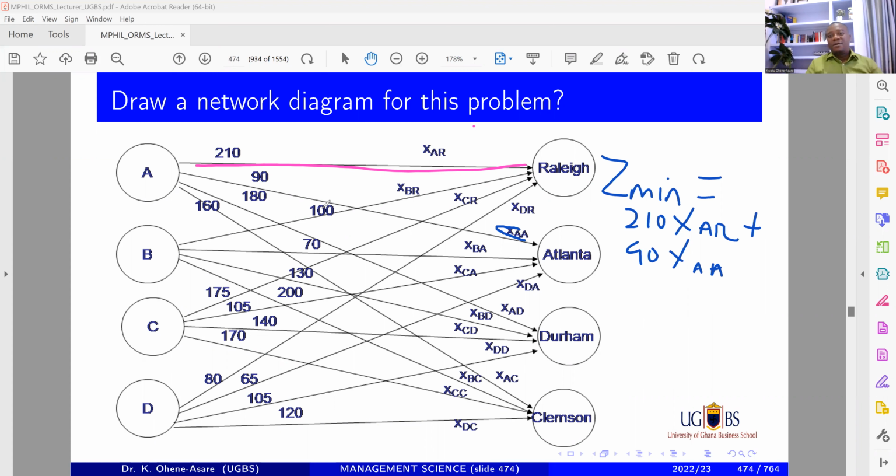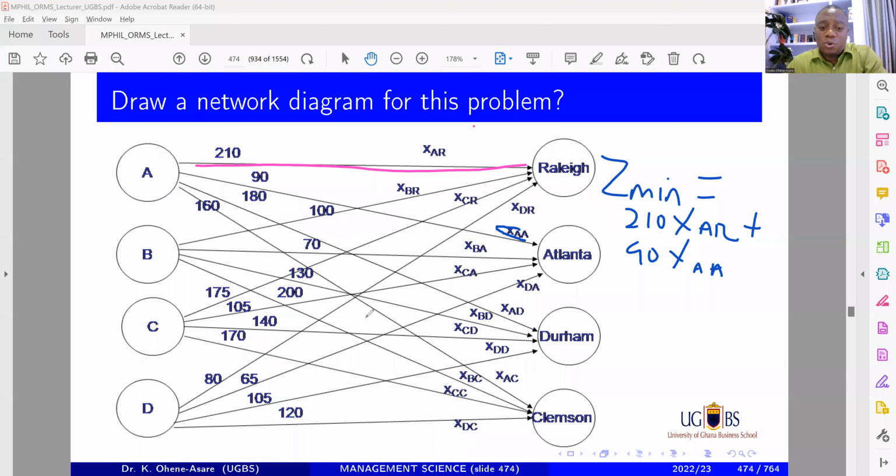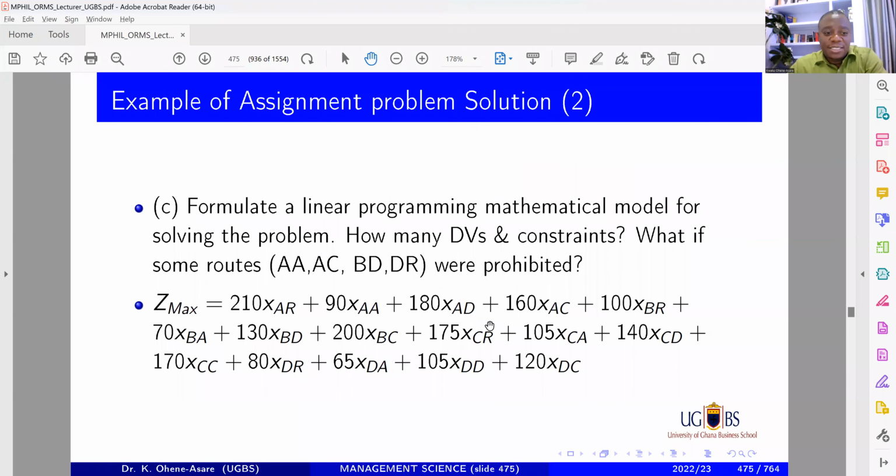That's what you're going to have right there. 16 different ones. I'm sure you can model this whole thing. Let me show you how the modeling is done. It's very, very simple if you follow the modeling process. I made this maximize. It's supposed to be minimized. I think I made an error. So you're minimizing this whole distance.